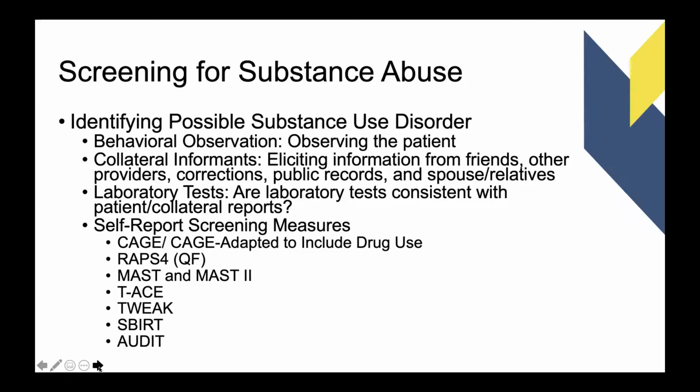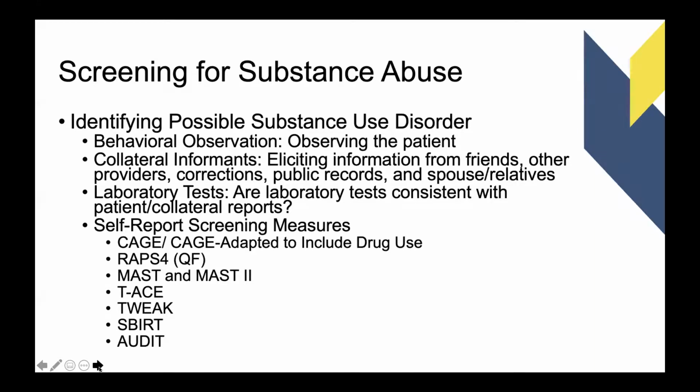Here are some examples of some screening tools for substance abuse to help identify possible substance use disorders. There is the behavioral observation, observing the patient. Collateral informants, eliciting information from friends, other providers, corrections, public records, spouse and relatives.